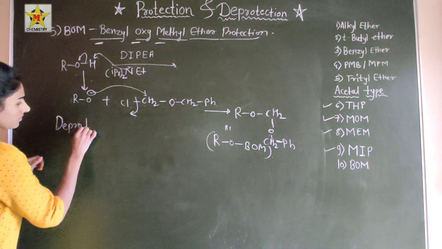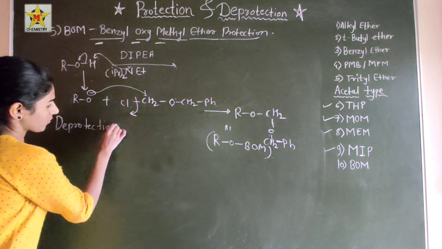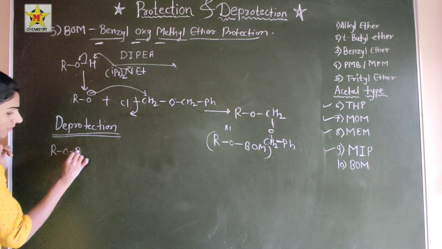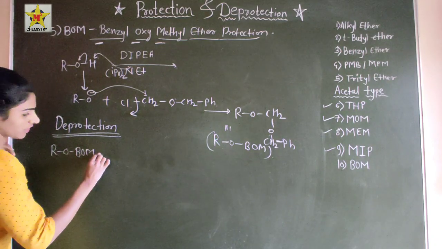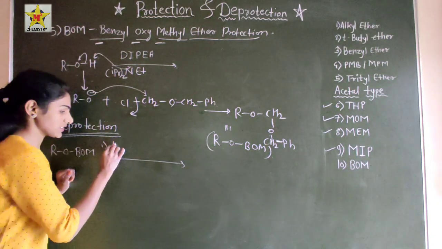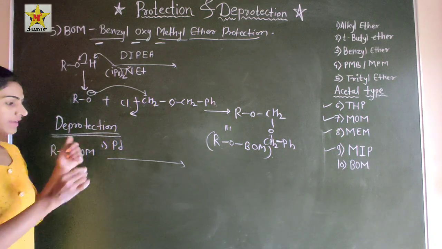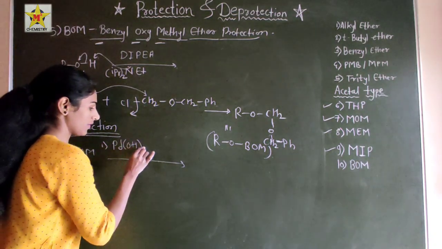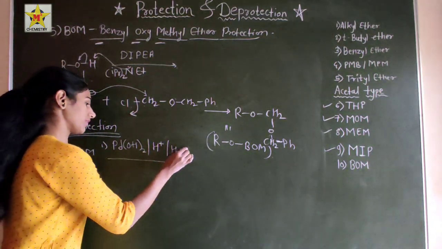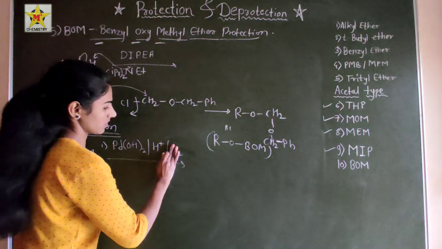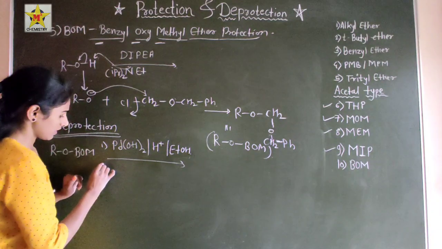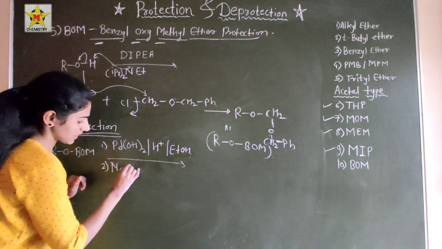So for deprotection of this BOM reagent, ROBOM, this protecting group is selectively deprotected in presence of palladium catalyst, palladium dihydroxide in presence of H plus, in presence of ethanol, or by Birch reduction.